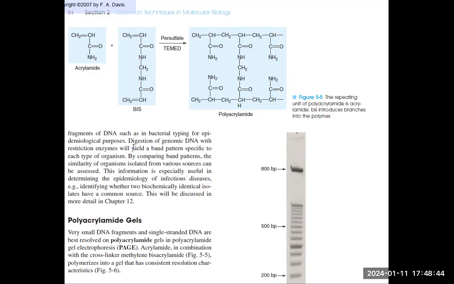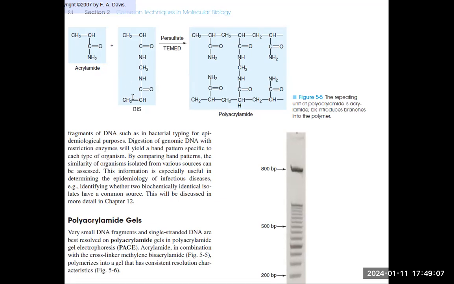Poly, because we have repeating units of acrylamide, joined by a cross-linker, bis-methylene acrylamide. The repeating unit of polyacrylamide is responsible for giving the gel its porosity. That's why the gel is porous.